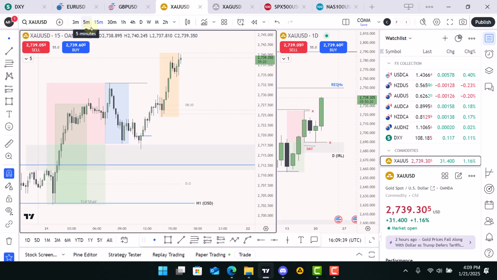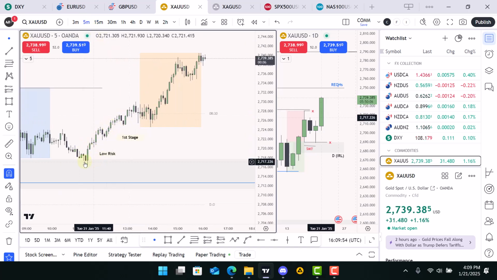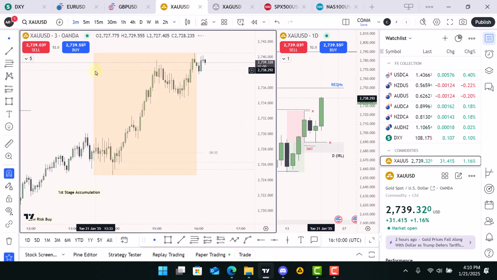I knew there are other stages. We have the first stage accumulation and then the second stage pre-accumulation. Sometimes price can enter into a third stage. So I dropped down to the 5 minute chart, but the chart wasn't all that clear to me, so I moved back to the 3 minute chart.